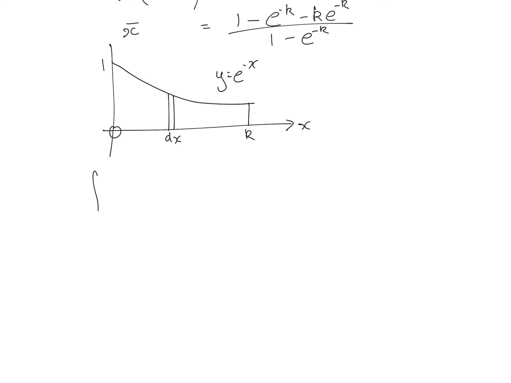I'm going to integrate y bar times the volume, which is the integral between 0 and k of y dx, and that's got to equal the integral between 0 and k of y over 2, because that height's y over 2, times y dx. Okay, so that's our only little difference.